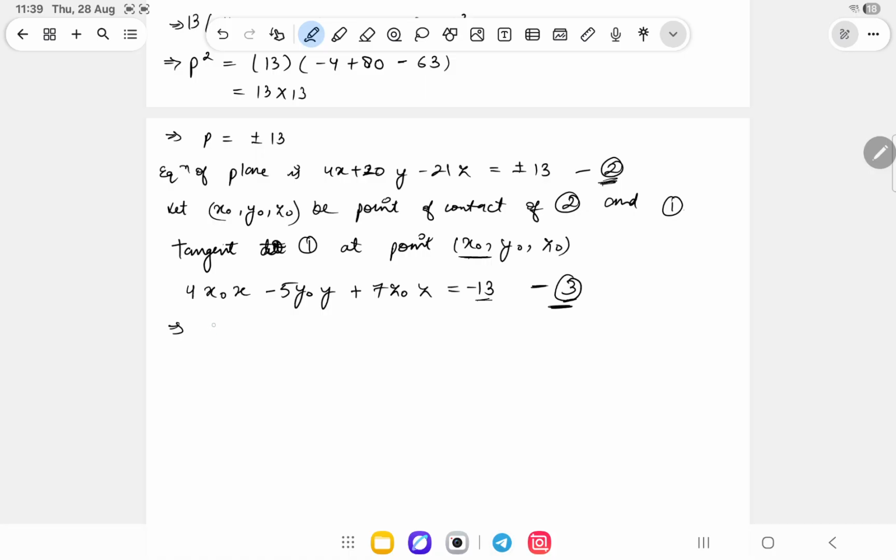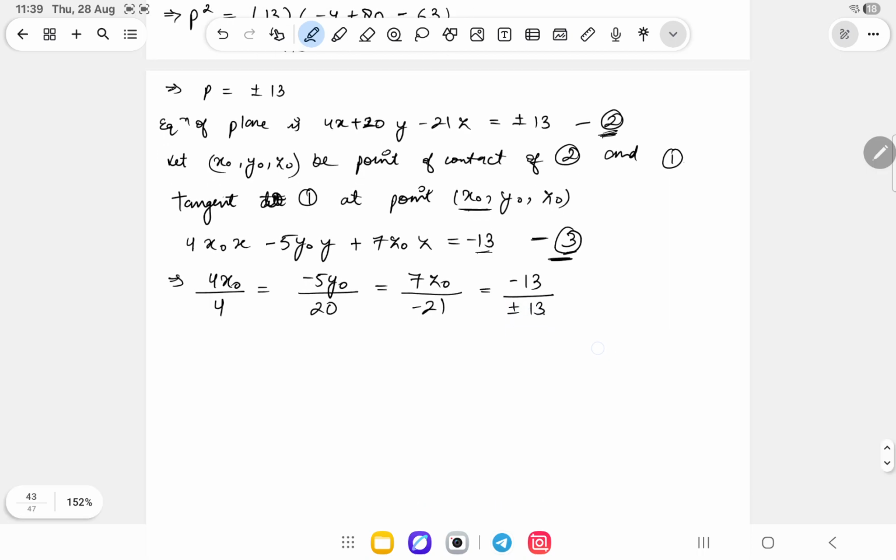So using that, I will get 4x naught divided by 4 must be equals to minus 5y naught divided by 20, that must be equals to 7z naught divided by minus 21 is equals to minus 13 by plus minus 13. So from here I got x naught is equals to minus y naught by 4 equals to z naught by minus 3 is equals to plus minus 1.